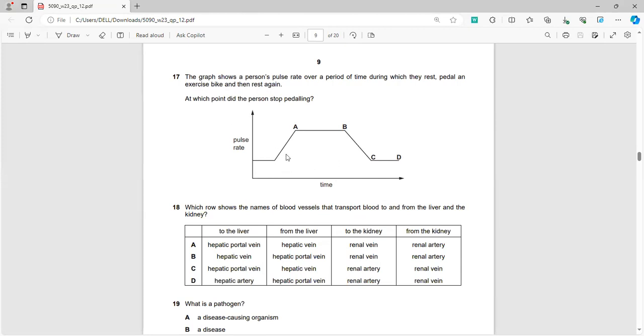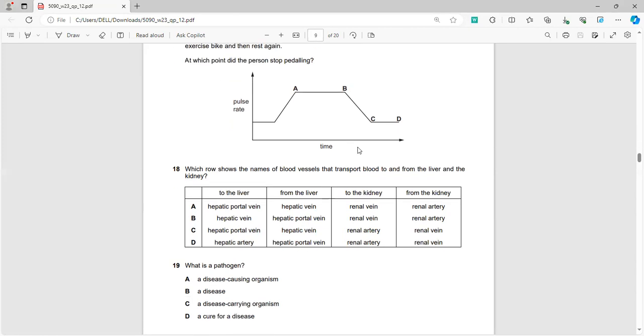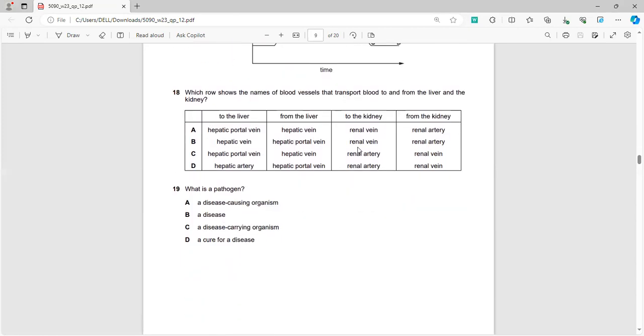As a person exercises, obviously his heart rate will be increasing, so the pulse rate will increase. So when he stops pedaling, immediately there will be a sharp fall in the pulse rate. The only option showing it is B, because after B there is a sharp fall in the pulse rate. Now in question 18, we just need to know the main blood vessels.